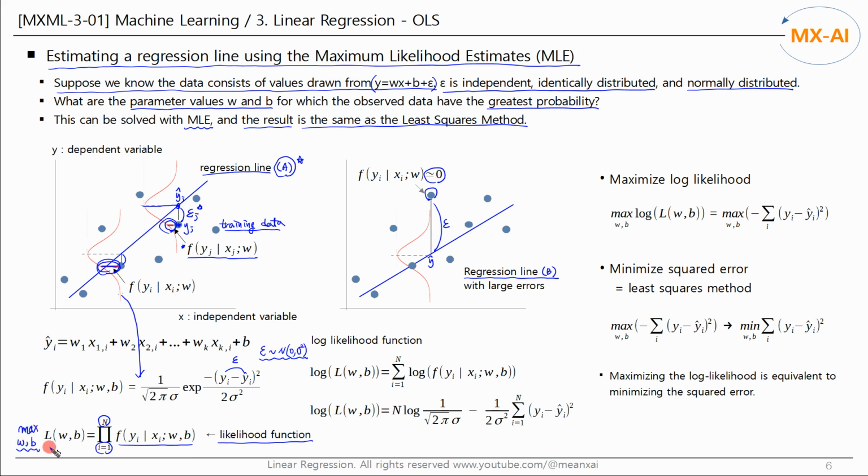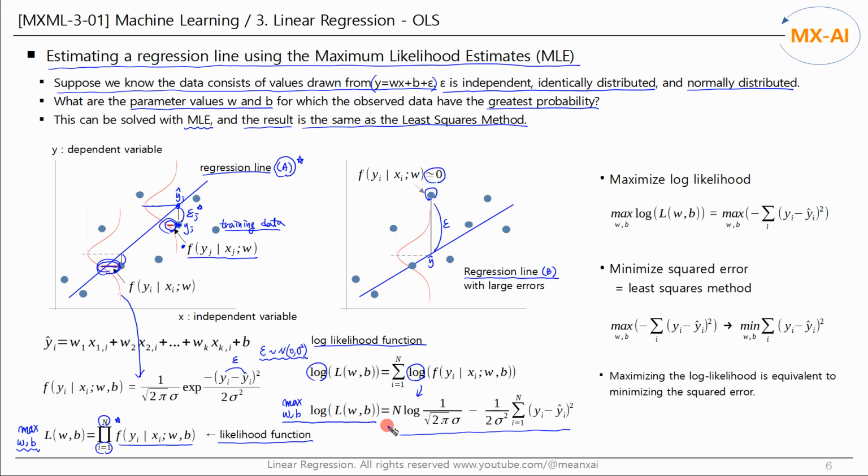However, this equation is mathematically inconvenient. So we use the log likelihood function, which takes the log of both sides. Taking the log of both sides and simplifying it gives us as follows. Then we just need to find W and B that maximize this.